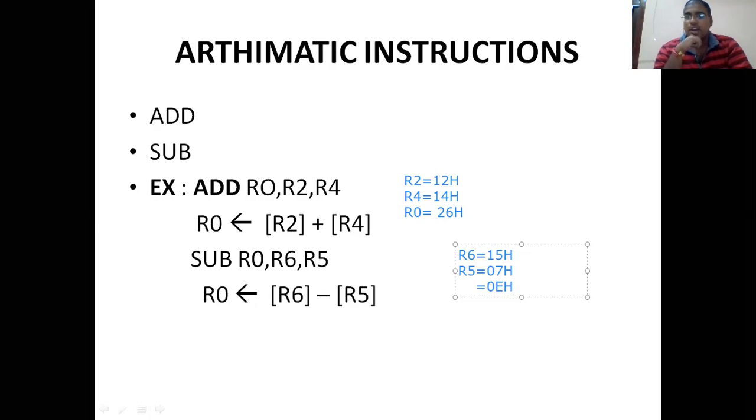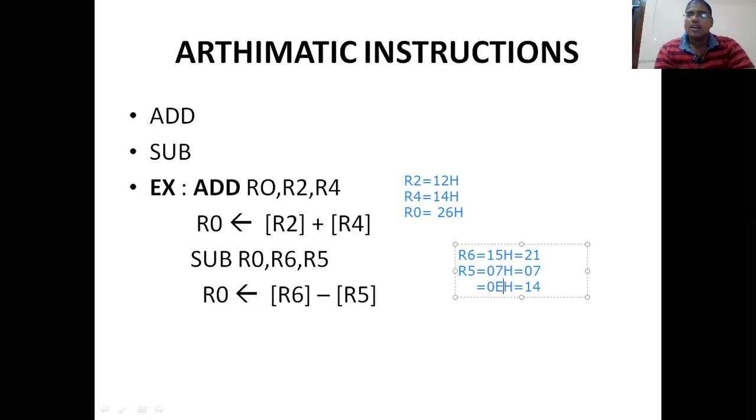R6 is 15 in hexadecimal, and the decimal equivalent of 15H is 21. Similarly, 7H has a decimal value of 7. When I perform the subtraction of 21 minus 7, I get 14 as an answer. That 14 is represented in this form as 0EH.